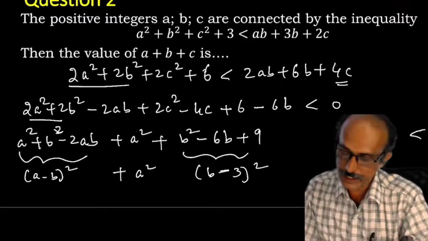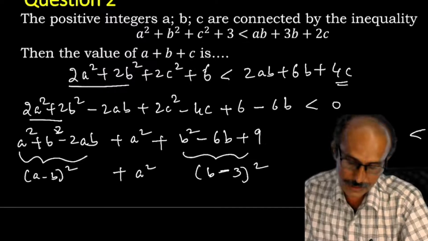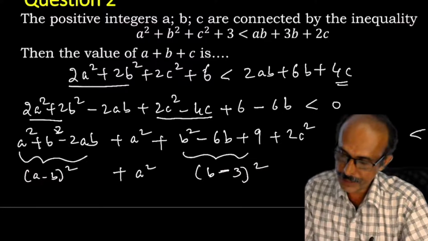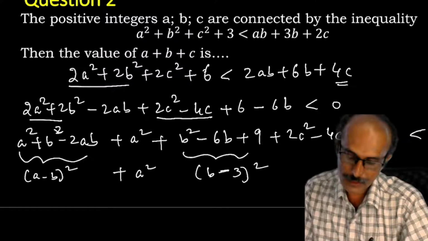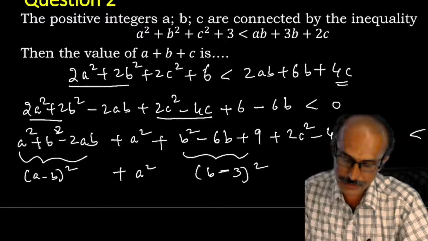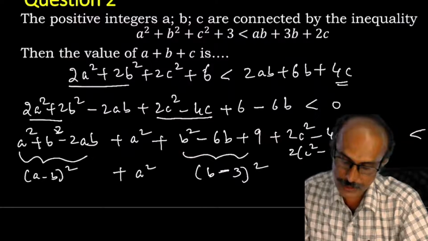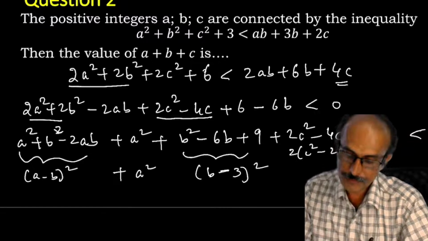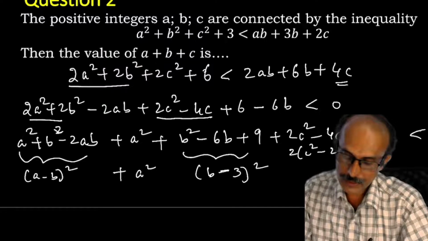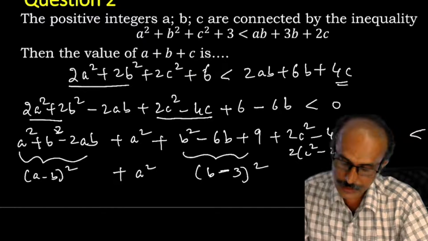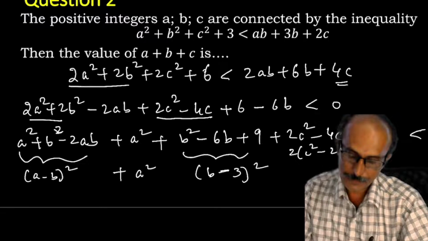Now let us account for c. Let us look at c. So 2c square minus 4c, okay, plus 6 is there already with you, right? So we have to account for some completion of square here. We can look at it as 2c square minus 2c plus 1, which is required to get a square, right? So actually only 2 is taken here.